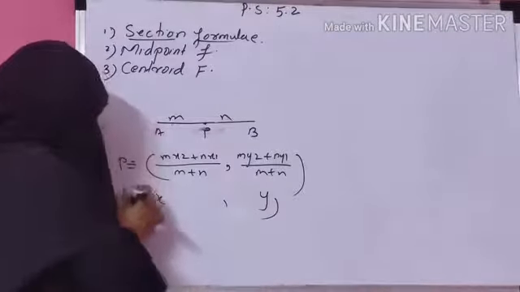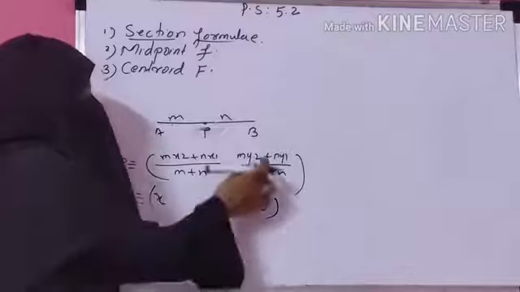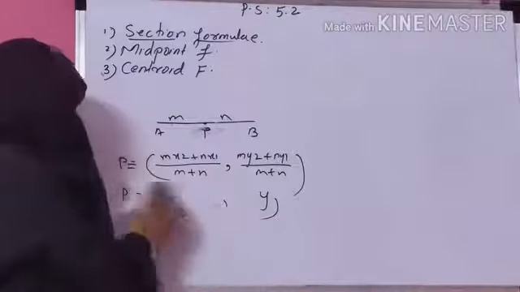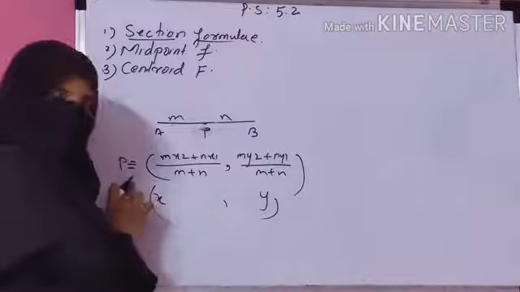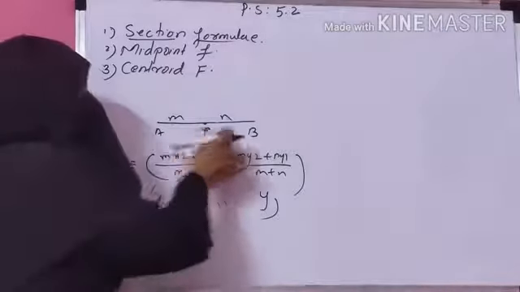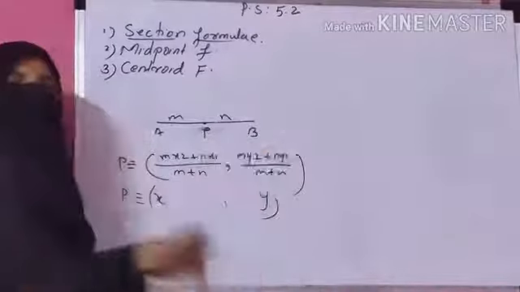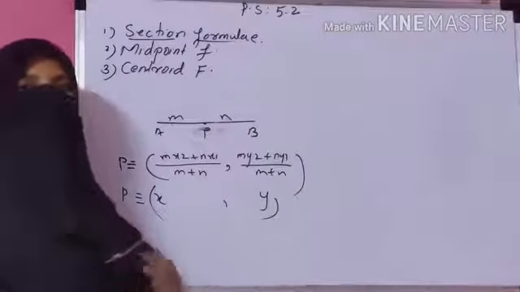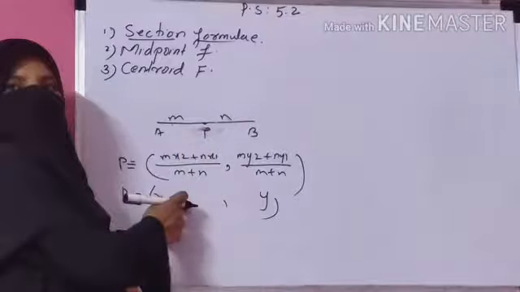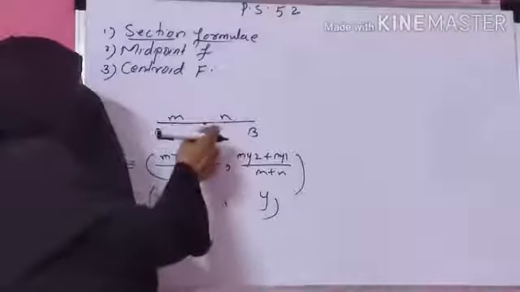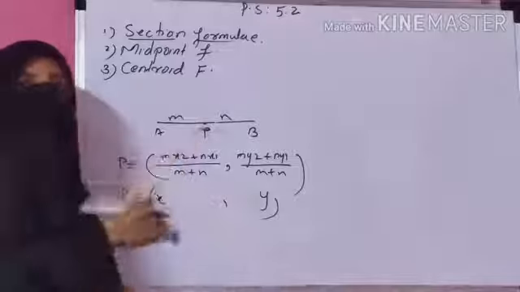This is the x coordinate of point P and this is the y coordinate of point P, and this triple line is the symbol of coordinate. Once again, if a point intersects a segment in a ratio, then we have to apply the section formula to find the coordinate of the point which intersects the segment.